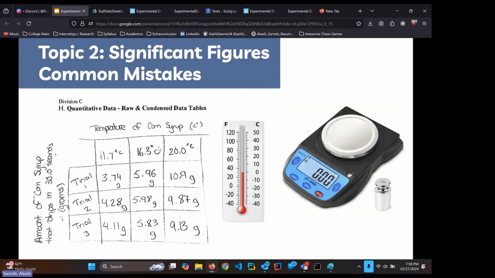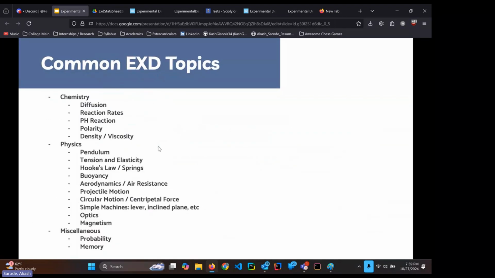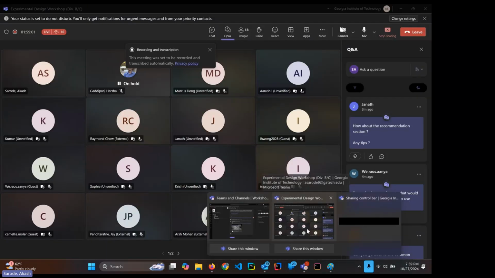Something that I would recommend is, especially with this list of common experiments that I have here, look at that and come up with recommendations that you can do for those experiments or even applications. That's something our team did a lot to prepare for XD.